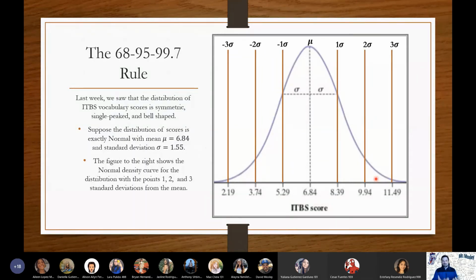So this is just another example. On this screen, we have our drawing of the curve. We have our standard deviations labeled. Yeah, this is kind of based on what we saw last week. All right.